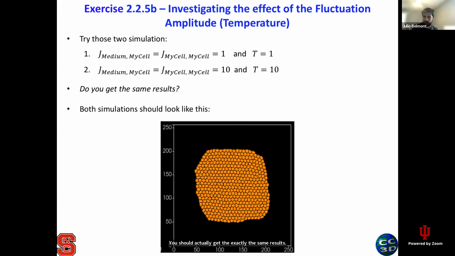Make sure that you save your change to the configuration file and run it again. Just run one more time and see if with 1, 1, 1 you get the same results as 10, 10, 10. So Guzmai said that she got the same results as before when we set everything to 1. And actually you should get the same results if you make everything equal to 99 or everything equal to 37, okay? Because all that matters is the ratio between those parameters.